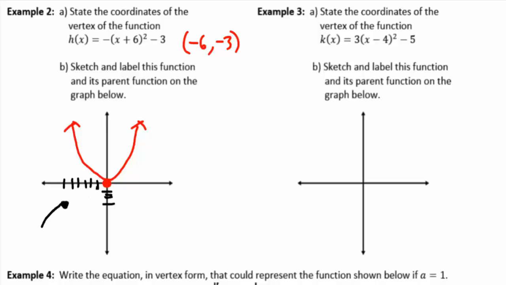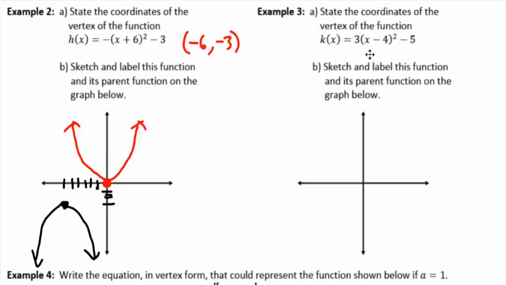So now it's going to do this. We're just sketching. We don't know exactly what it looks like. We know it looks something like this. We're just sketching it the best we can with no grid or anything like that. All right, so shift left 6, down 3, negative 6, negative 3, left 6, down 3. Okay. And we label these two.